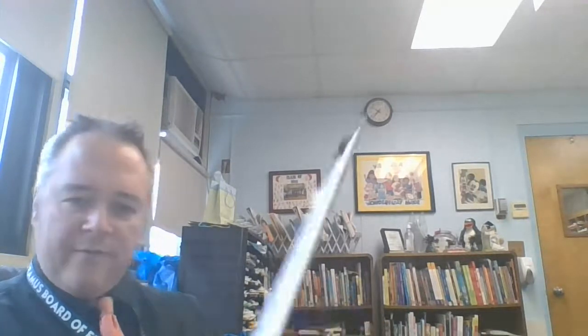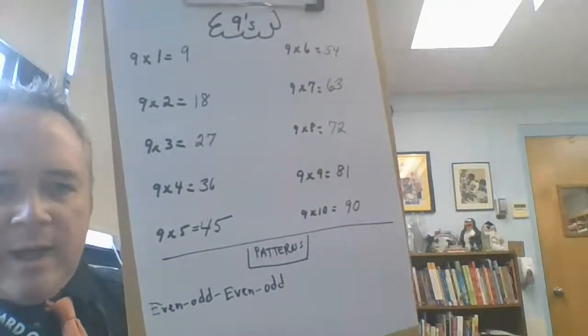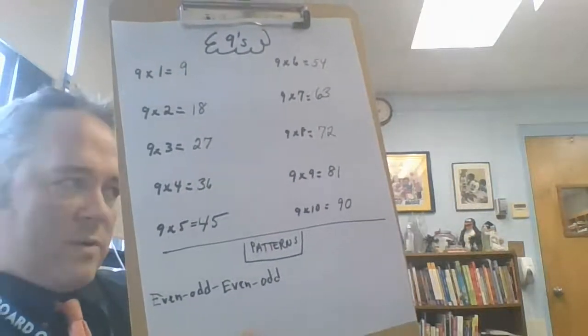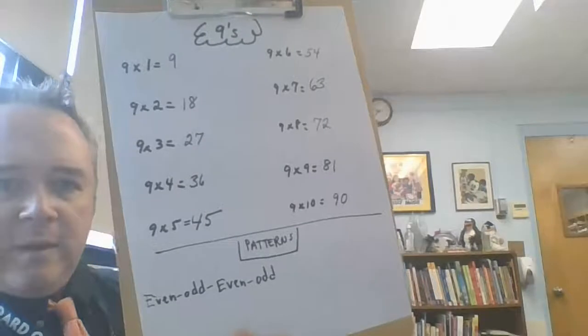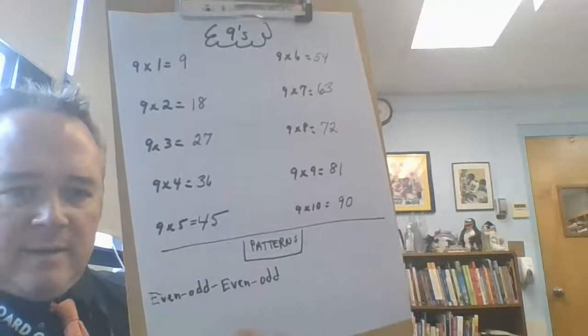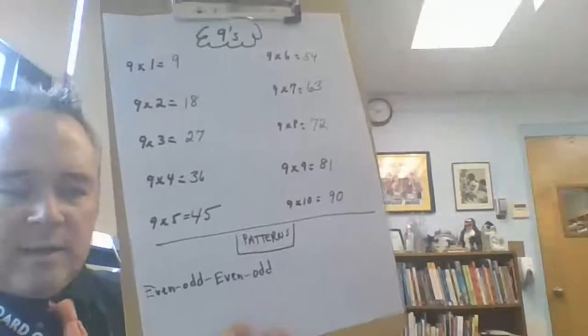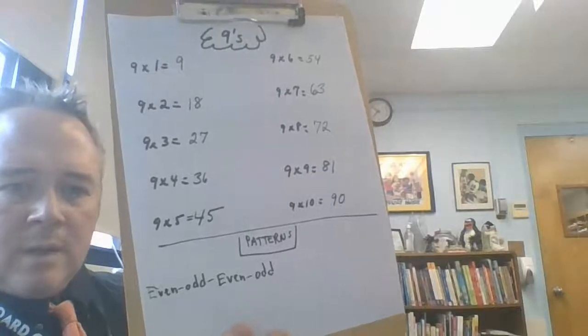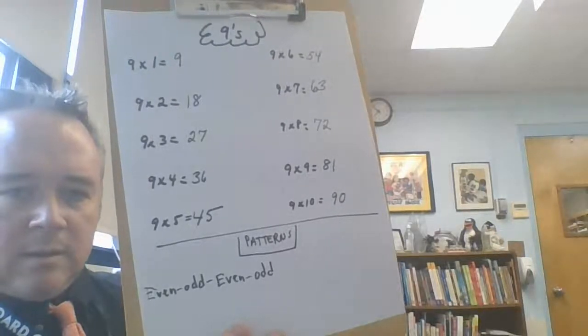So my answers in the 9s go even, odd, even, odd, and it follows that pattern, right? I don't have two evens next to each other. I don't have two odds next to each other. They go even, odd, even, odd. Do you see that? Okay, let's try to think of another one. What else do you see?